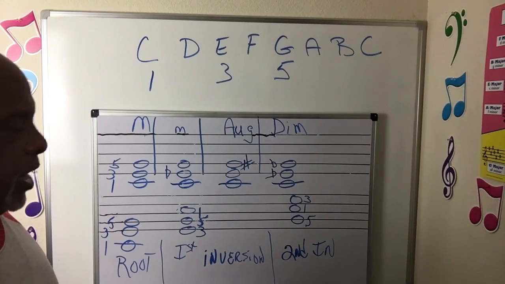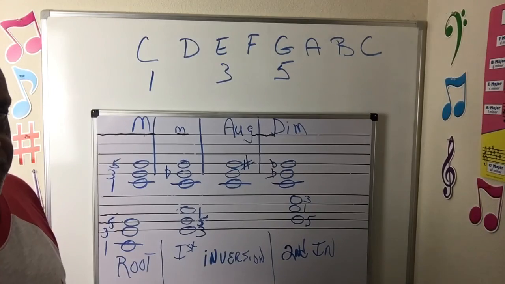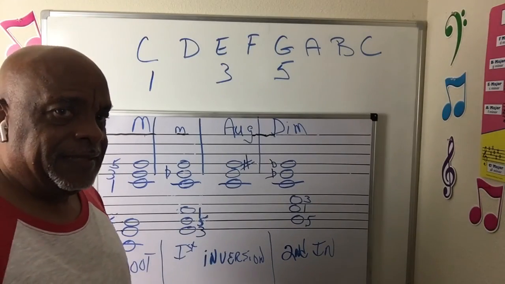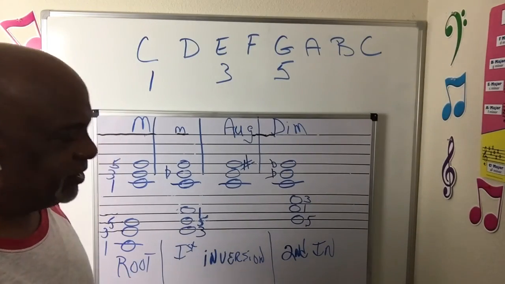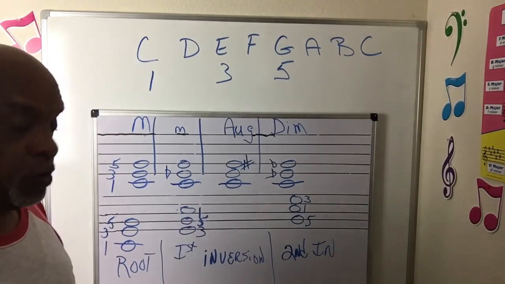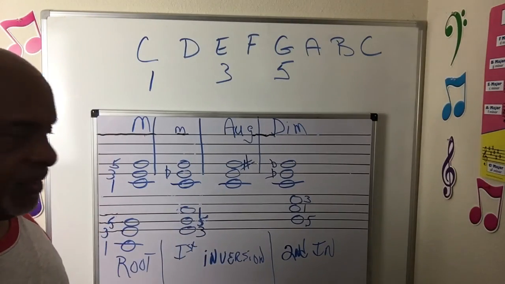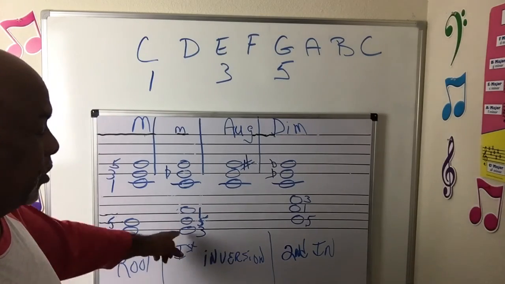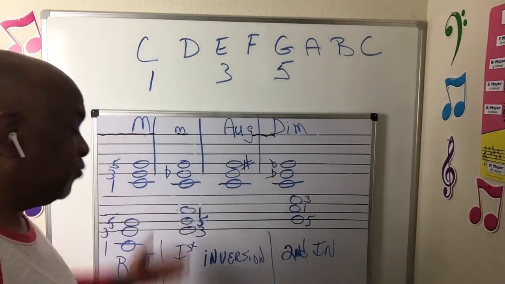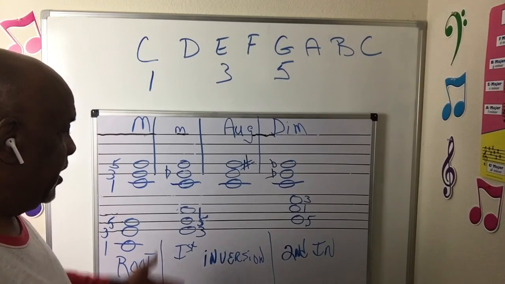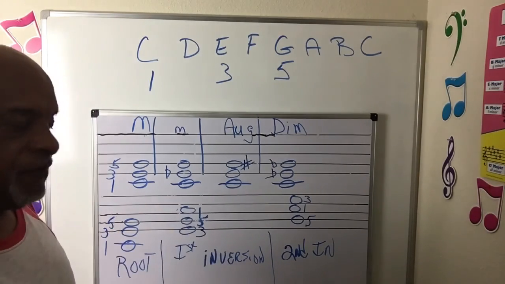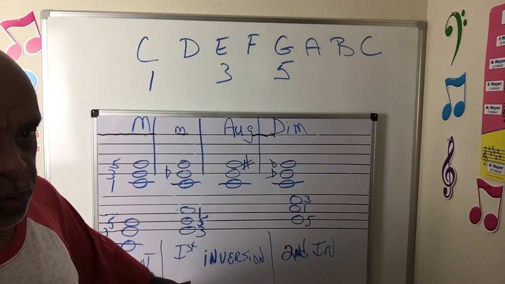First inversion is going to start with the third in any key. I keep saying second inversion, but first inversion starts with the third. In the key of C, the third is E, so it's 3, 5, 1: E, G, C. That's first inversion.